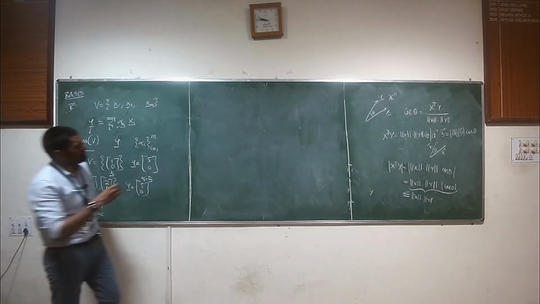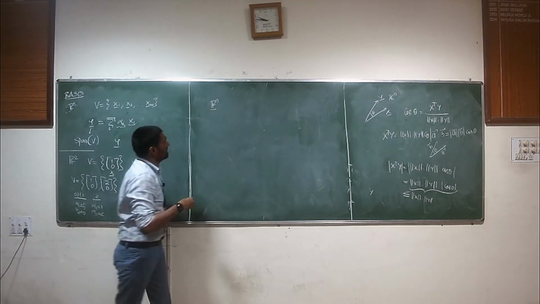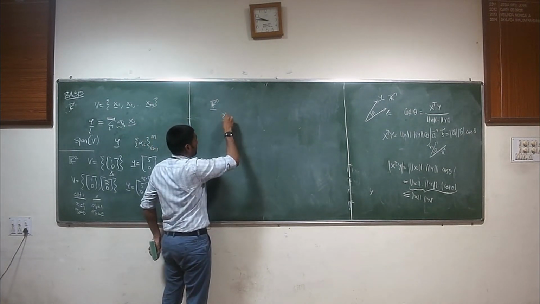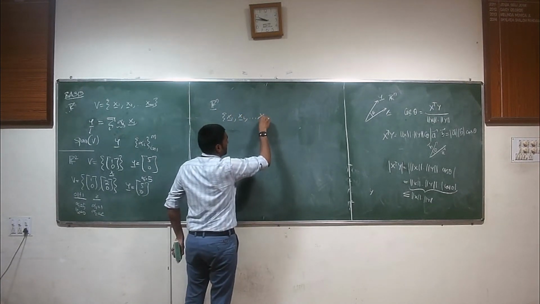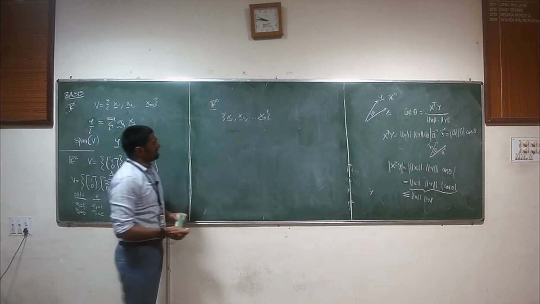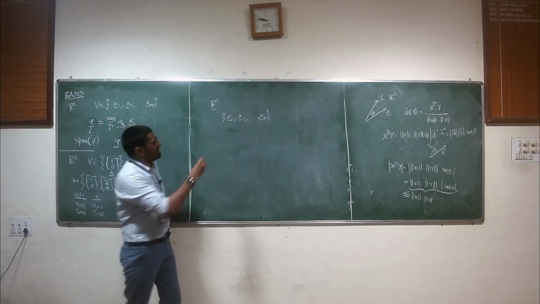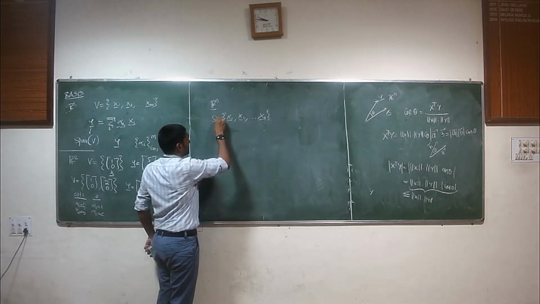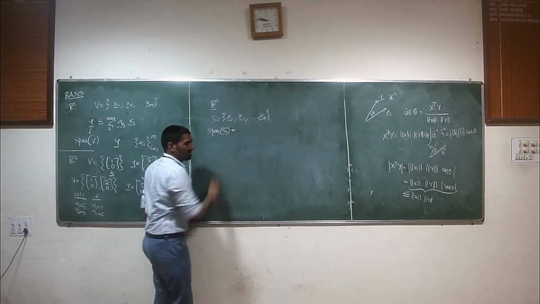Right. So now in Rn, let's say we've sampled n vectors. With these n vectors, I'll call the set S. What will be the span of S?